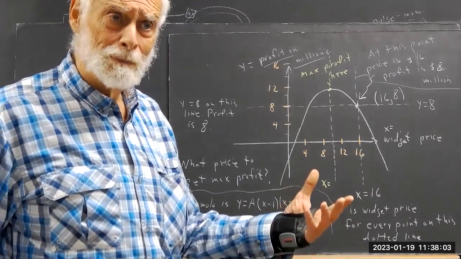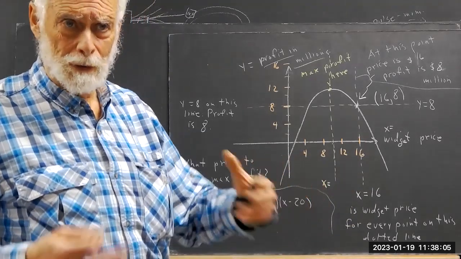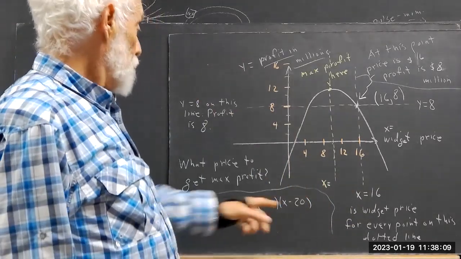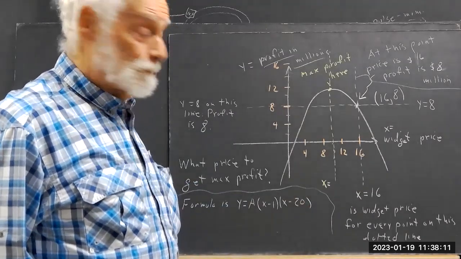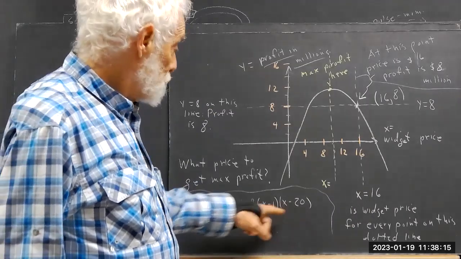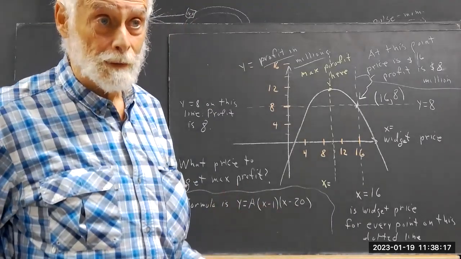That makes sense? You don't have to know how to use it right now. I'm just planting a seed that you want to think about. And if x equals 20, well, 20 minus 20 is 0, and this is multiplied by all this, so that's got to be it.